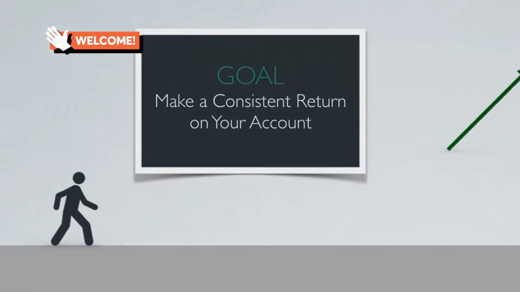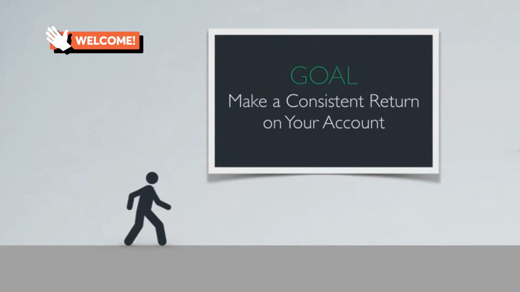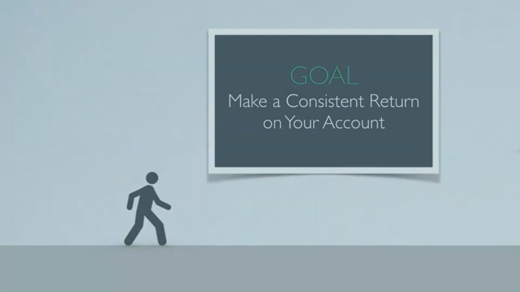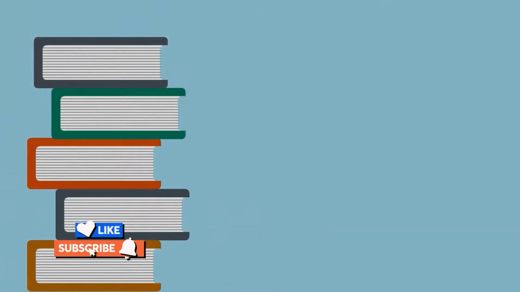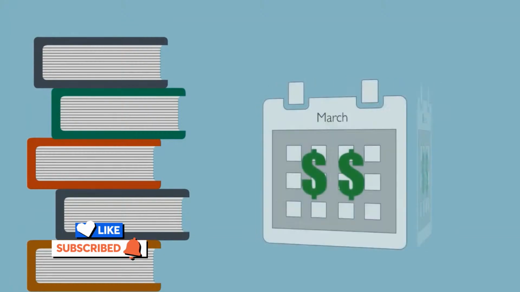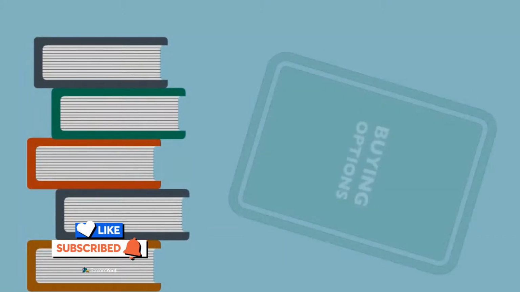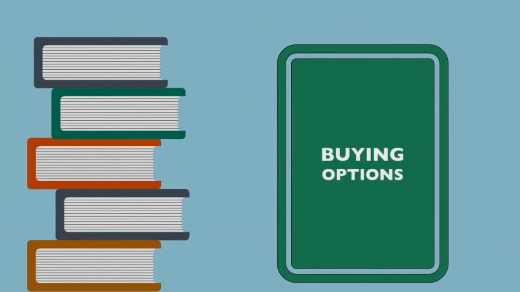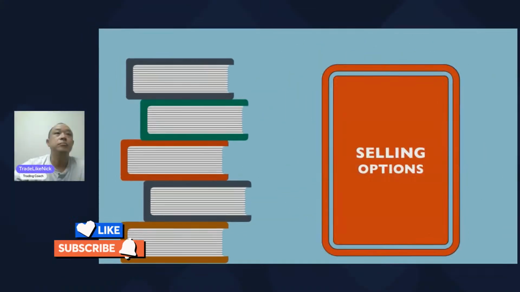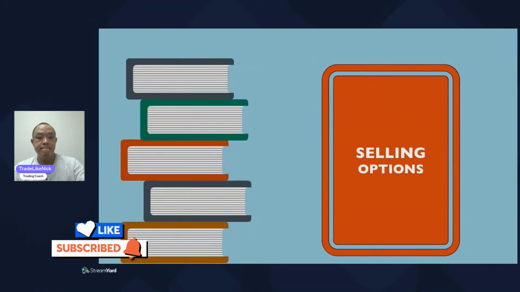As an options trader, your goal is to create a consistent return on your account month after month. This may sound overly ambitious at first, but with the proper options education and training, you'll understand that the key to making consistent profits each month is not buying options, which most traders do, but selling options. So are you ready to learn how to trade options like an expert?